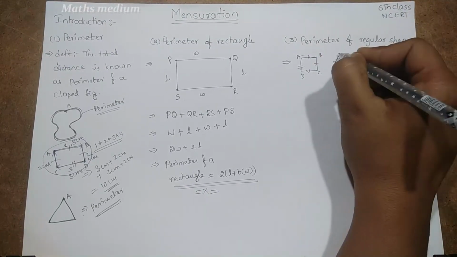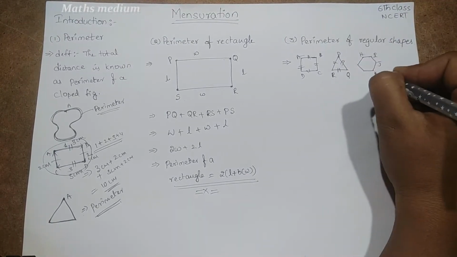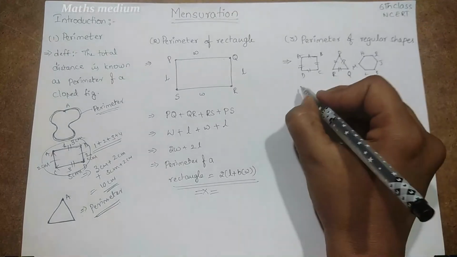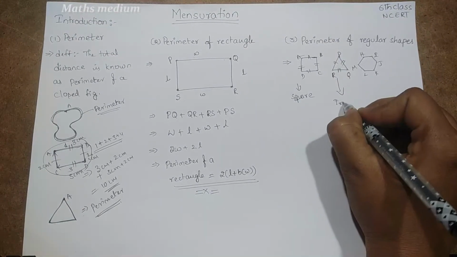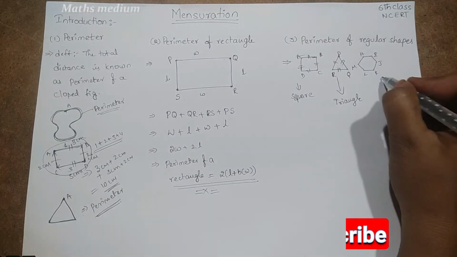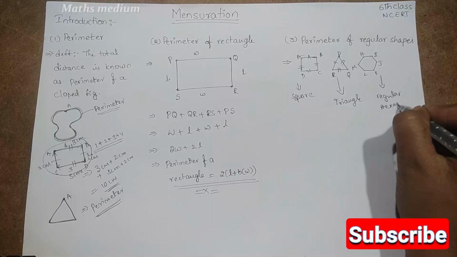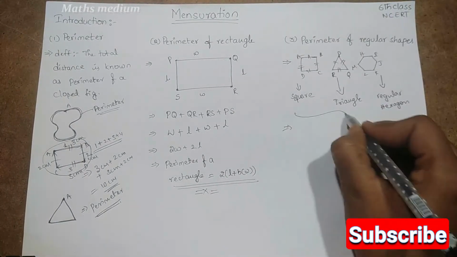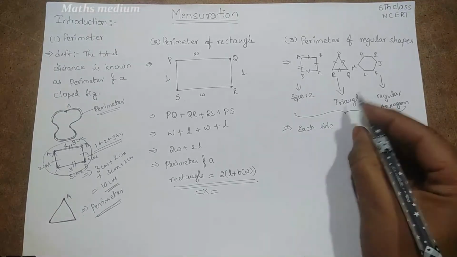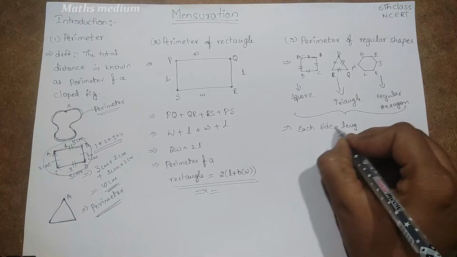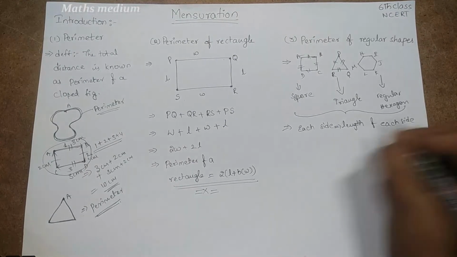Here also P, Q, R, and this is H, I, J, K, L, M. So this is a square, this is a triangle, and this is a regular hexagon. See, in these three cases all sides are equal. It means the length of each side is equal.